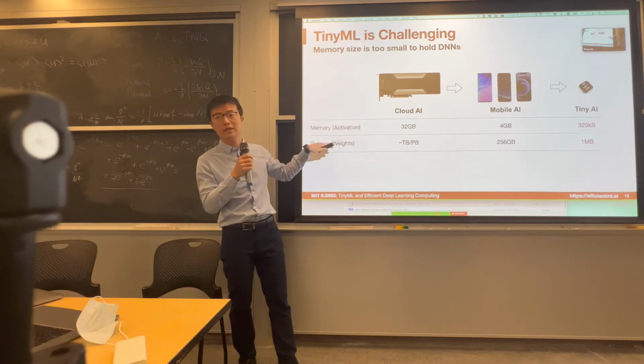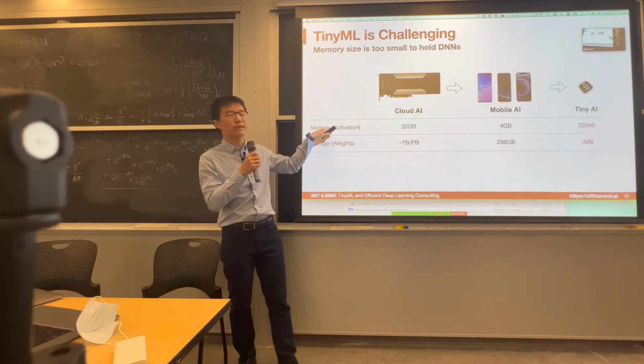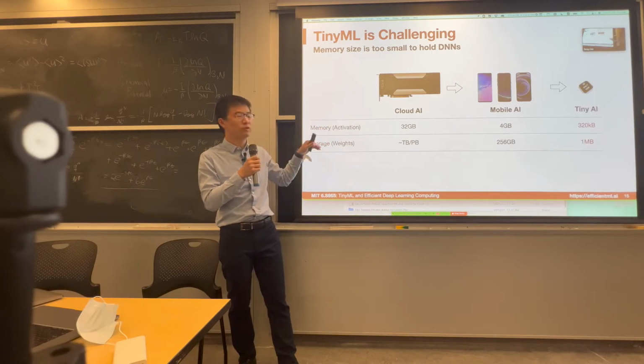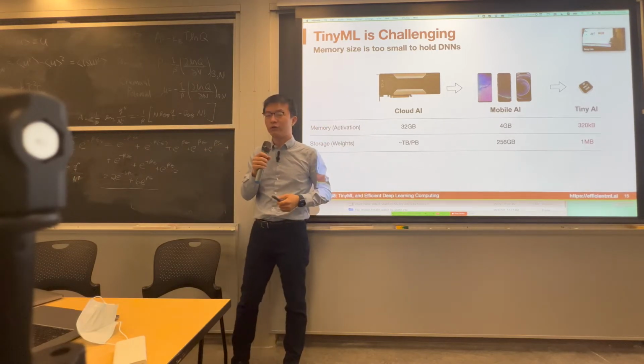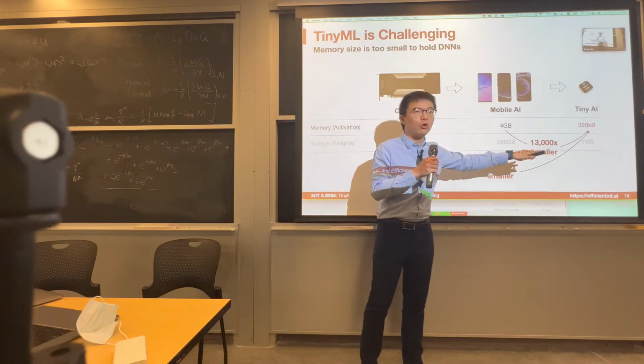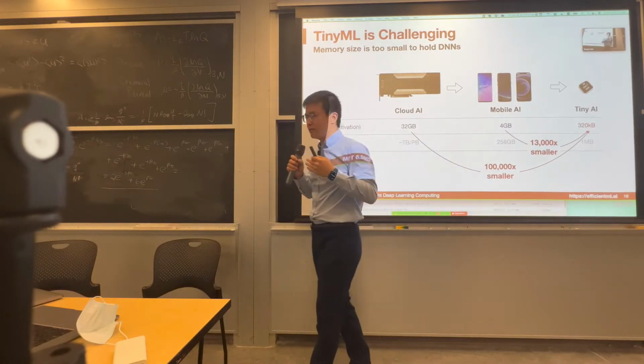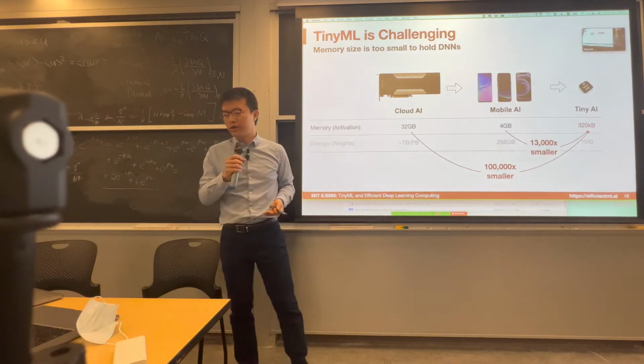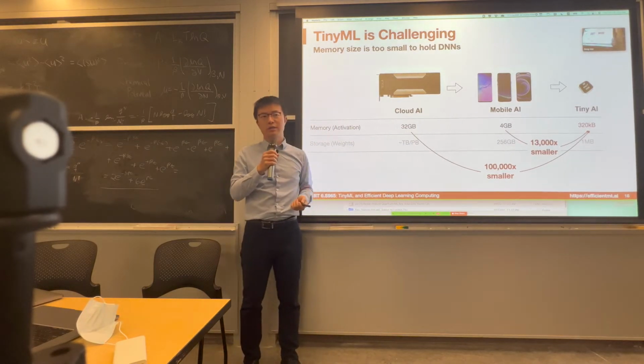So we'll talk in detail about the difference between this SRAM memory versus flash storage very shortly. But that is 2 to 4 orders of magnitude drastically smaller memory resources, right?